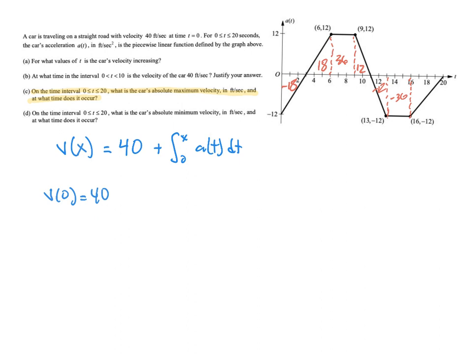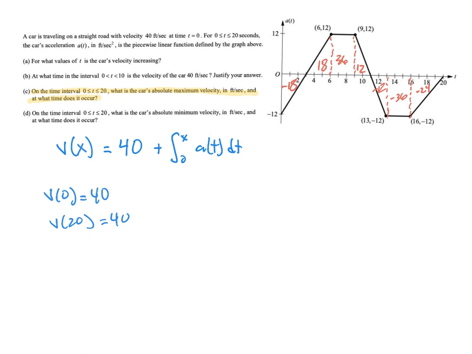And then, this is 1, 2, 3, 4 times 12 is 48, divided by 2 is 24. This is negative 24. So if we wanted to do v of 20, we'd do 40, minus 18 plus 18 is 0.